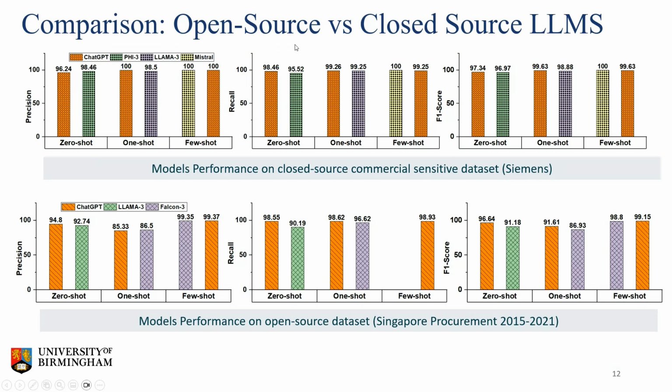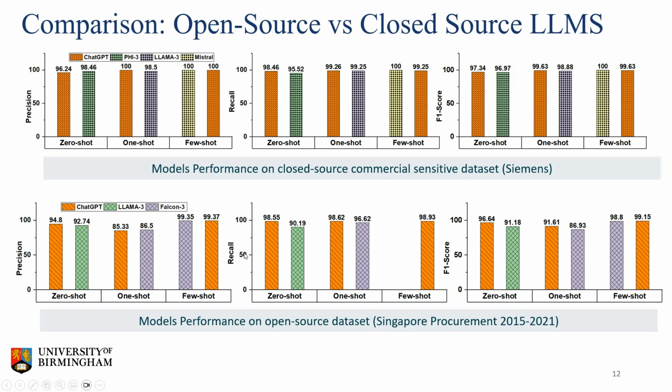So we have also performed a comparative analysis of open source and closed source LLMs. In the closed source, we are using ChatGPT 4 or GPT-4. GPT-4 outperforms all open source models on both datasets, achieving 99% F1 score on open source and 100% on the closed source dataset in few shot learning.